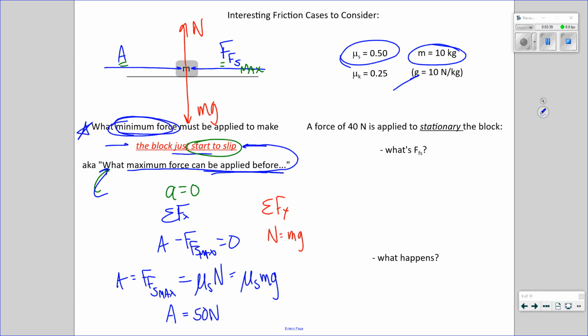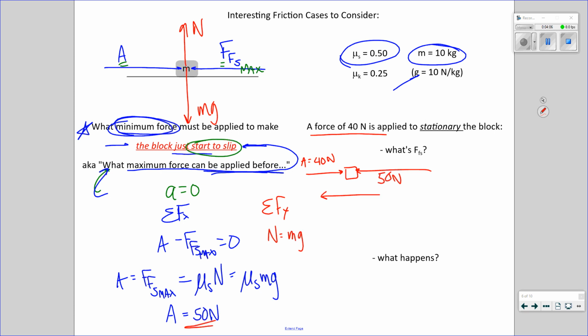So if it takes 50 newtons of force to make this thing start to slide, this says, well, what if we apply 40 newtons of force to the object? Well, first of all, the question is, how much static friction force is there? And the answer is not 50. If we push on this object with 40 newtons of force, and there were 50 newtons of friction force, what would this object do?